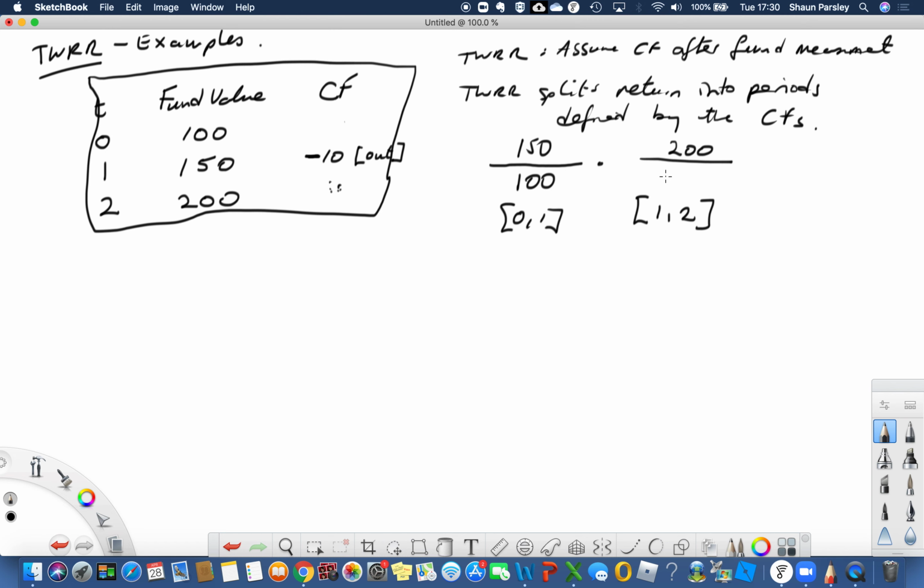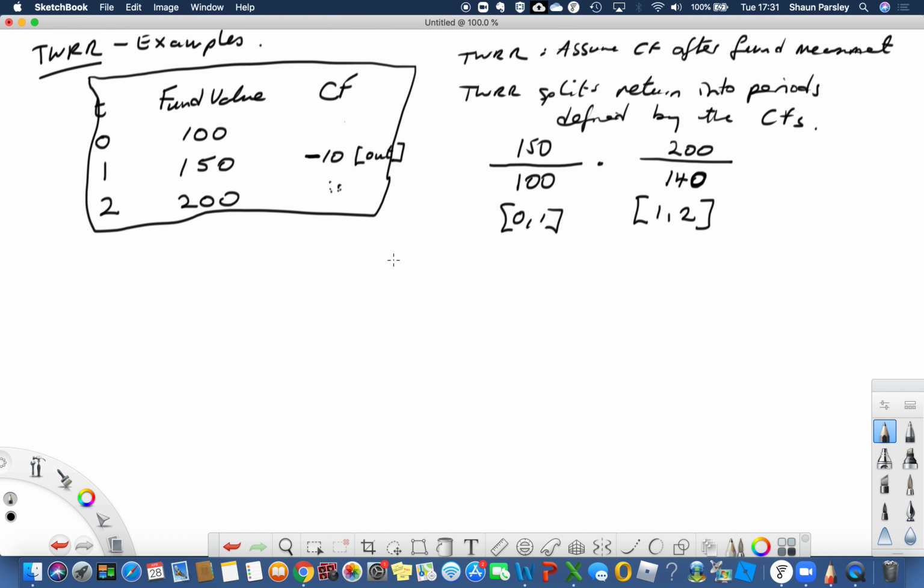So for performance of the fund, we want to take that out, which is the 10. So that 150 minus 10 gives us 140. At time equals 1, the fund value was 140, and then there's some investment performance to get it up to 200.